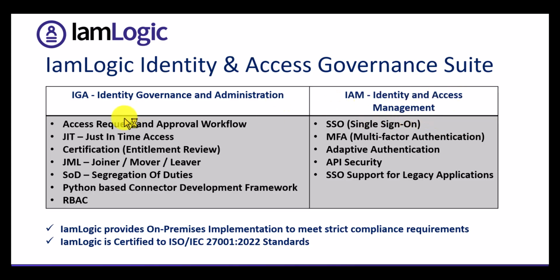With IamLogic IGA, you can automate access requests to applications and approval workflows, enable just-in-time access, run access certifications, handle joiner, mover, leaver workflows, and enforce segregation of duties. All of this helps you reduce risk and stay audit ready.